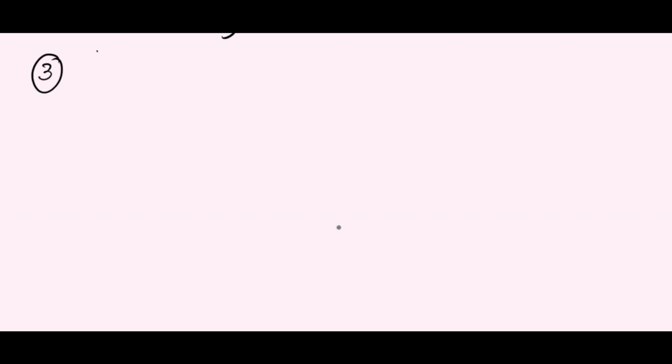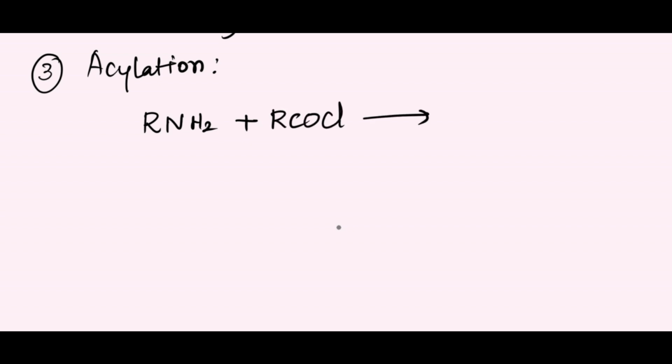A third type of reaction is acylation. RNH2 with an acyl group, meaning RCOCl, produces a primary amide, RNHCOR.